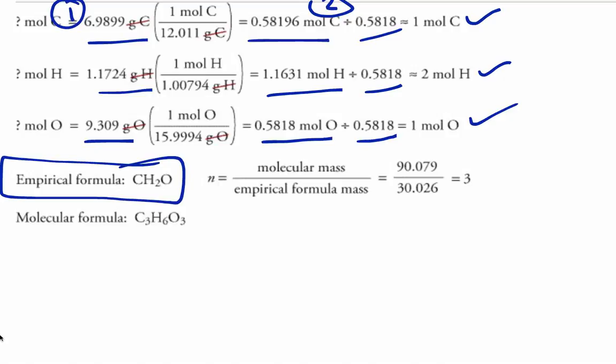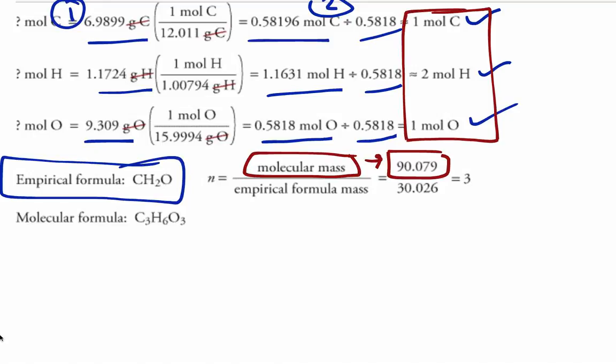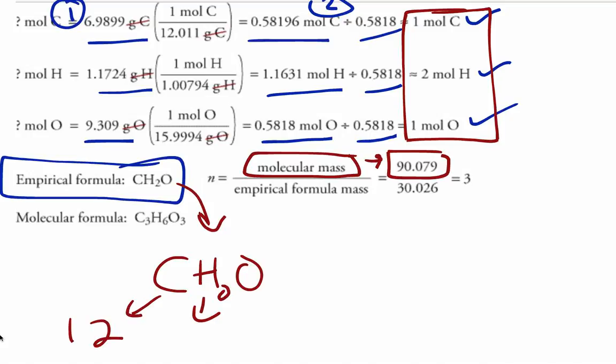But if it tells you something like, that's the empirical formula, but the molecular mass is 90 grams, now what is the molecular formula? Well, just like that previous problem, we'd look at this and say, well, it's CH2O, just like here. We'd add those pieces up. Carbon is 12, hydrogen is approximately 2 times 1, to get us 2, and oxygen 16.